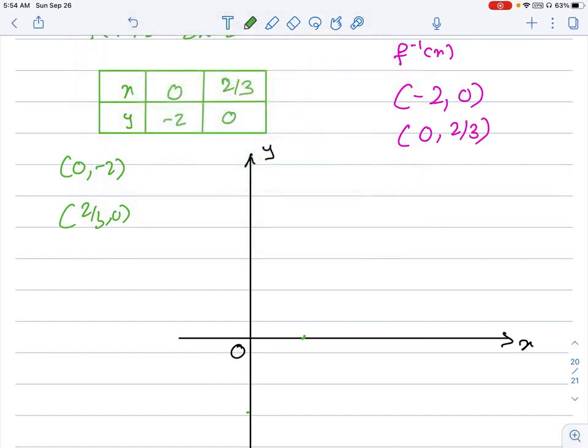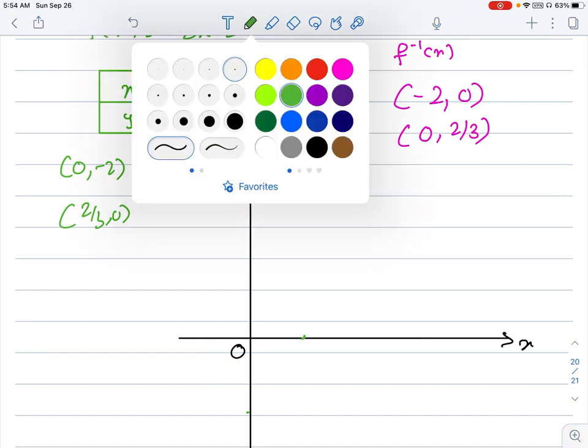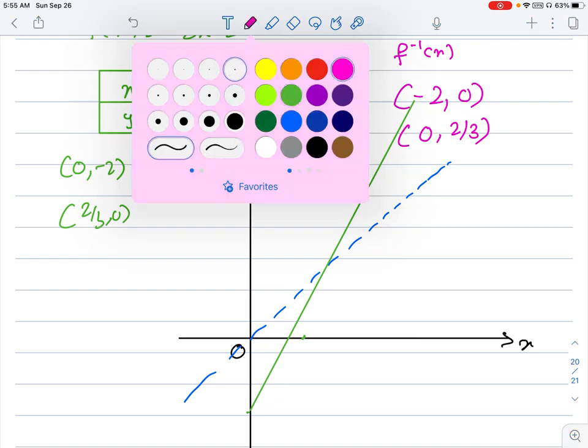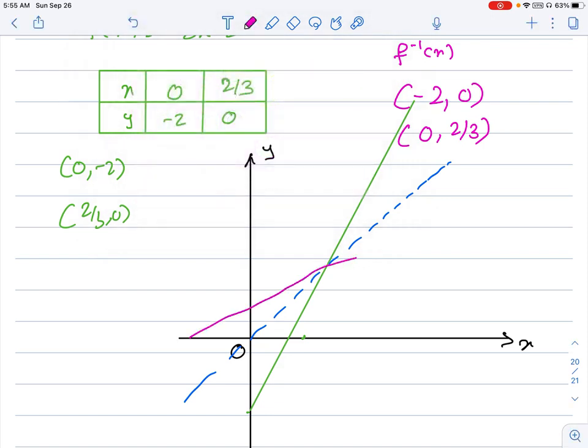I draw first y equal to x, that you cannot change, right? This is y equal to x. Now y is equal to f of x, I draw it over here, and y is equal to f inverse of x, I also draw so that it passes through the same point. All should be passing through the same point in this way.